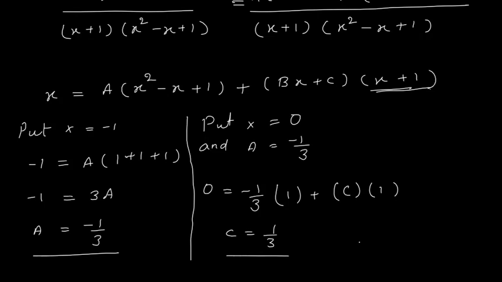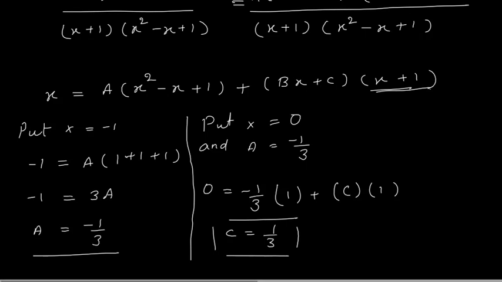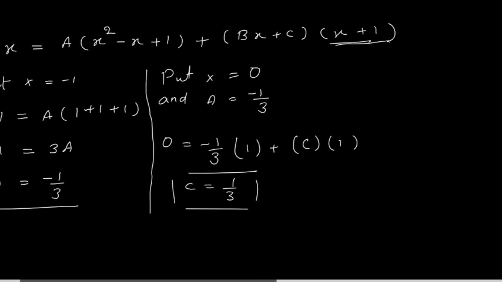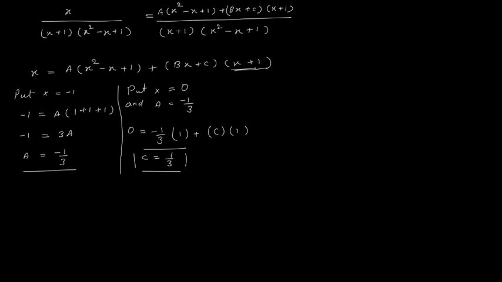So by choosing the value of x like this, you can find the value of c. So you have the value of a, you have the value of c. Now to get the value of b, I have the value of a and the value of c, so I can take any other value for x. We have used 0 and minus 1, so let us take x is equal to plus 1.